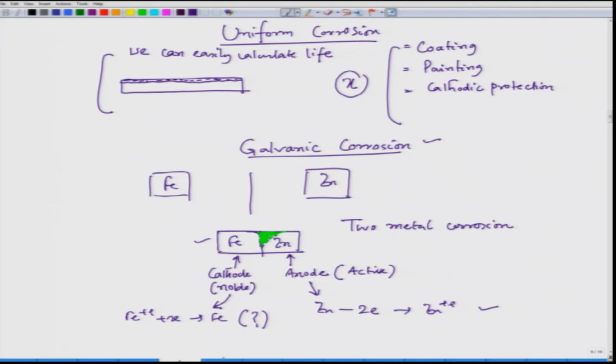Now, let us analyze it. Whenever we have this particular situation, let us say iron and zinc, and we have a water pool, or a water droplet kind of thing.